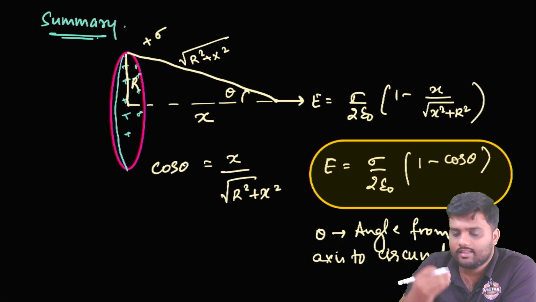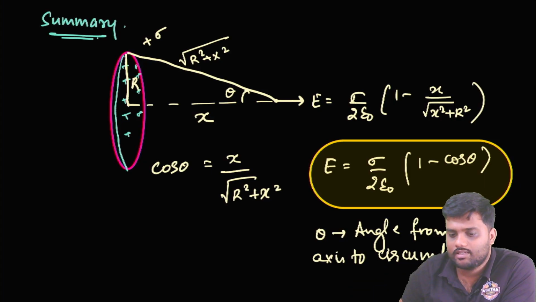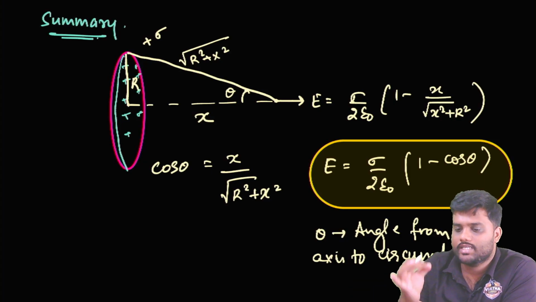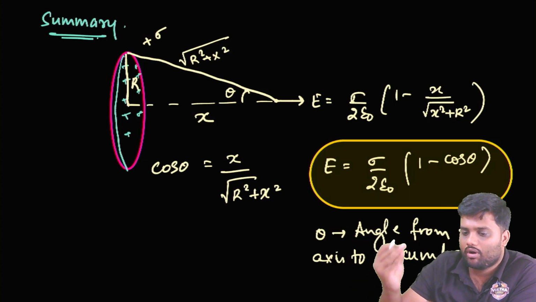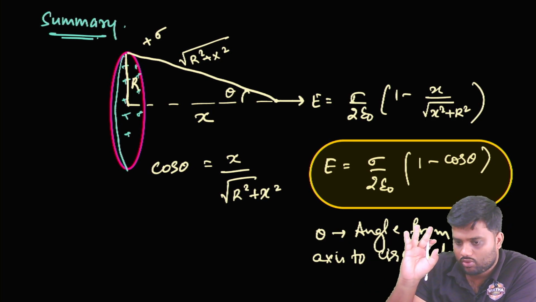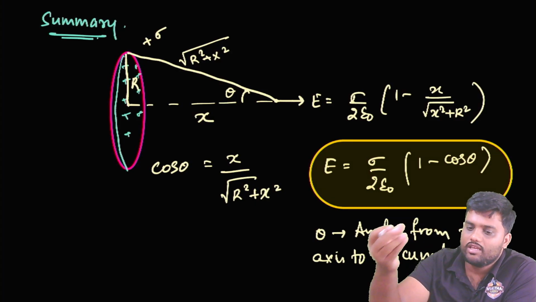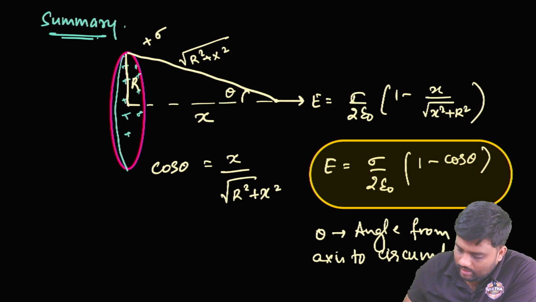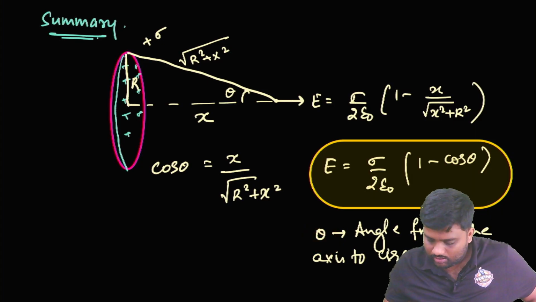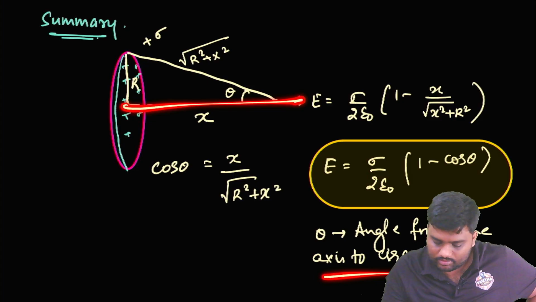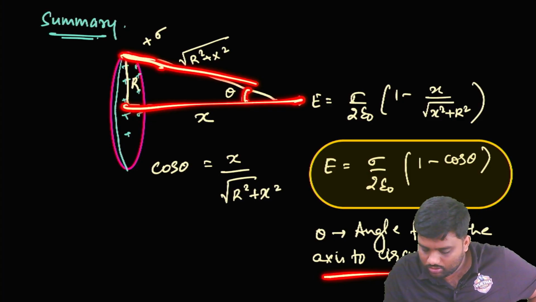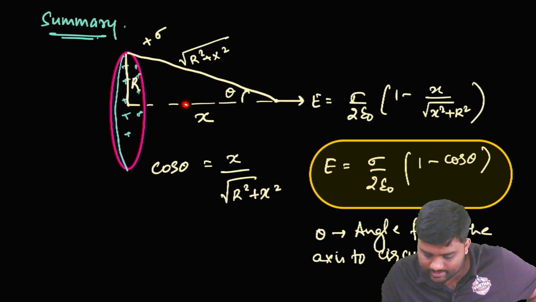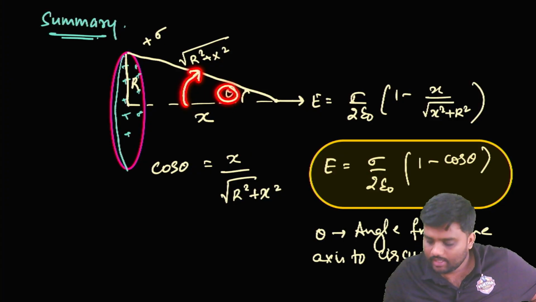So the electric field of this disk at distance x is sigma by 2 epsilon naught 1 minus x upon under root x square plus r square. Or else you can directly use sigma by 2 epsilon naught 1 minus cos theta. Here theta is the angle from the axis to the circumference.